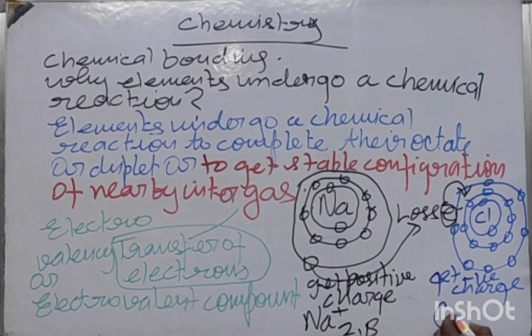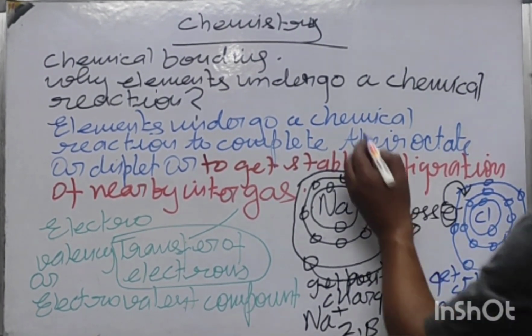We say it's Cl 1 minus, electronic configuration 2,8,8. Now they are stable, right? Sodium is Na plus 2,8, Cl is 1 minus 2,8,8. So both are in stable condition.